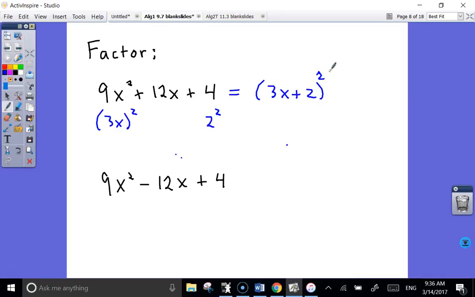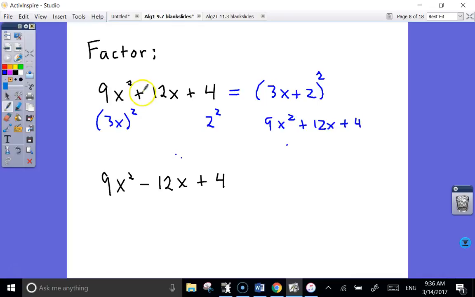What happens if I FOIL that? I would get 3x times 3x is 9x squared. 3x times 2 is 6x. And then I would get it one more time, 2 times 3x, 12x in total. And then I would get 2 times 2, which is 4. So it works.